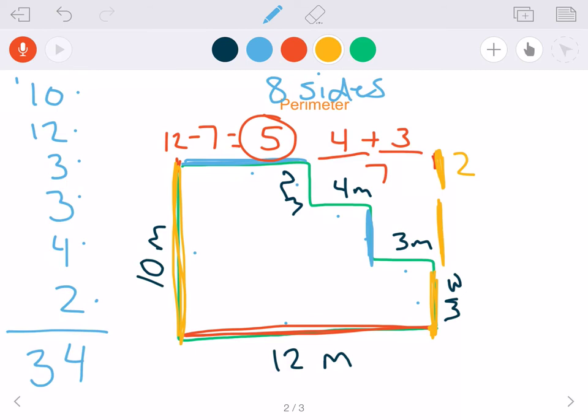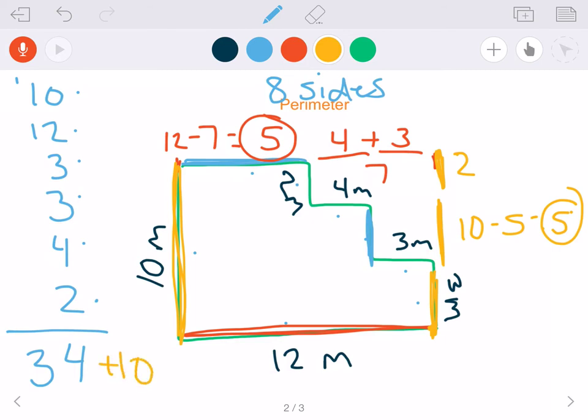I'm looking for what goes here to make that equal to 10. So 2 plus 3 is 5. What do I add to 5 to get to 10? We've got 10 minus 5, which also equals 5. So that missing side length is also 5. So 5 plus 5 equals 10.